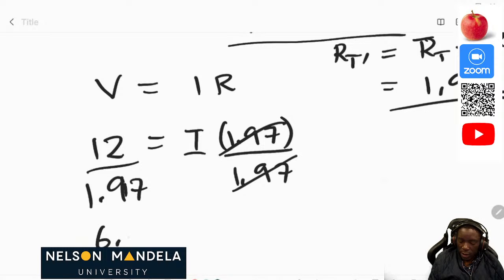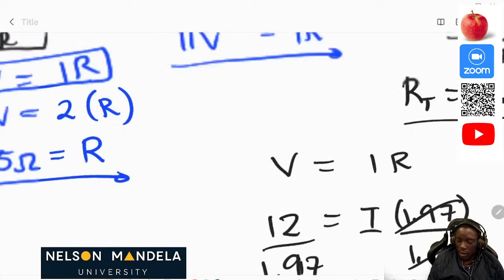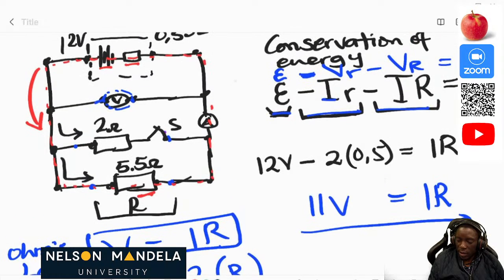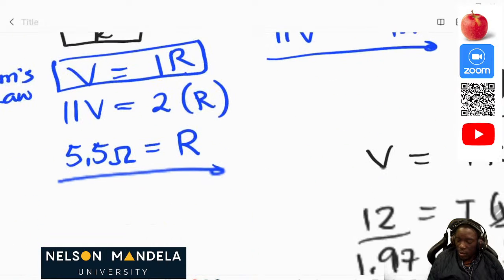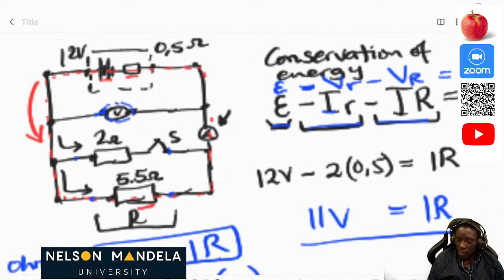This gives us 6.09 amps equals I. So why do we want that current? It means the current flowing in this circuit, which will be measured here, will be 6.09 amps. So this will measure 6.09 amps.